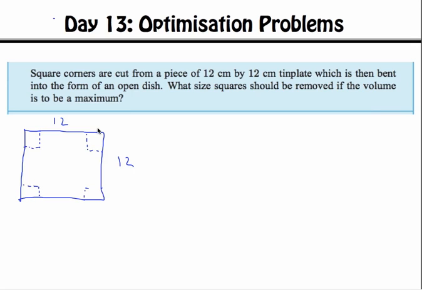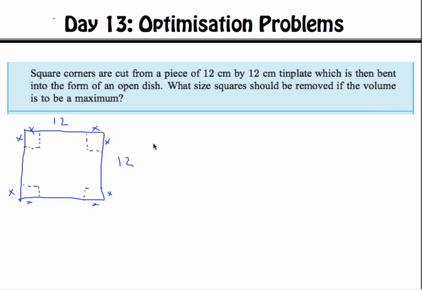So what size does this need to be to maximize the volume? I'm going to call that x because we don't know that size. That's going to be our variable. They're all x. So we want to maximize the volume, so we need a formula for the volume.